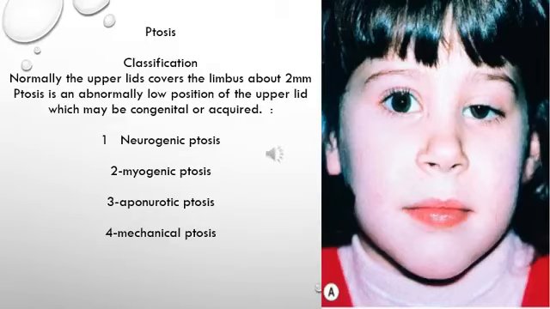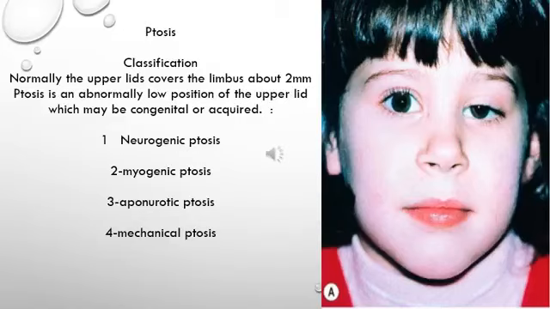Myogenic ptosis is caused by myopathy of the levator muscle itself, muscle dystrophy, like in congenital ptosis, or impairment of the transmission of impulses at the neuromuscular junction, like in neuromyopathic disorders. Acquired myogenic ptosis occurs in myasthenia gravis, myotonic dystrophy, and progressive external ophthalmoplegia.